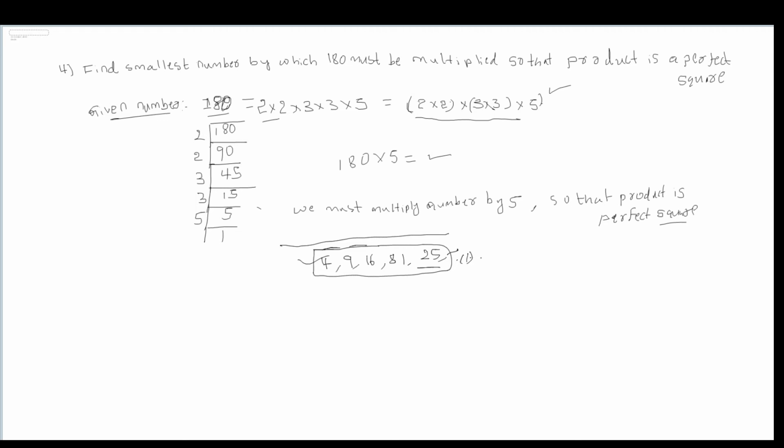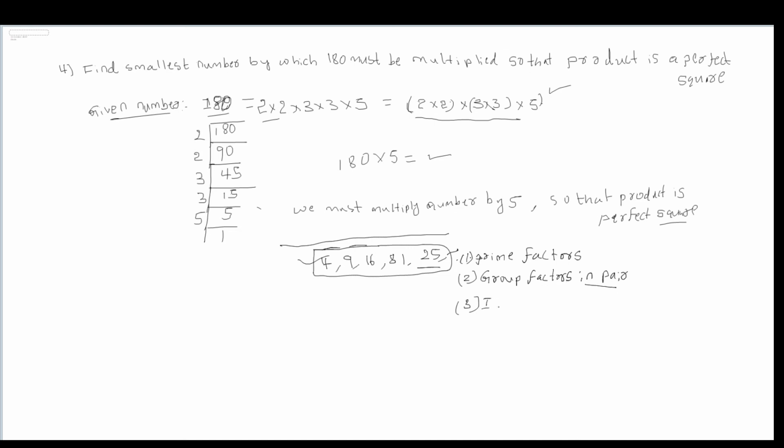First step is prime factorization. Next step is you have to group the factors in pairs. Based on that we can tell whether the given number is a perfect square or not.